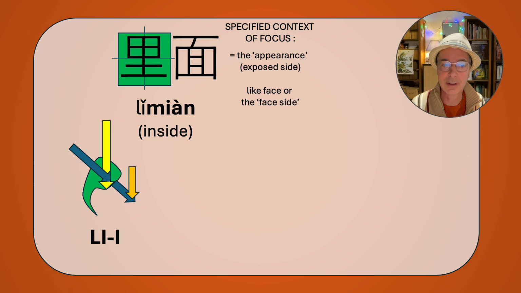The context is described in the second part of the word, and it means something like the appearance or the face side, the side which is on the outside. It's the face side of what it is, the appearance, I could say.